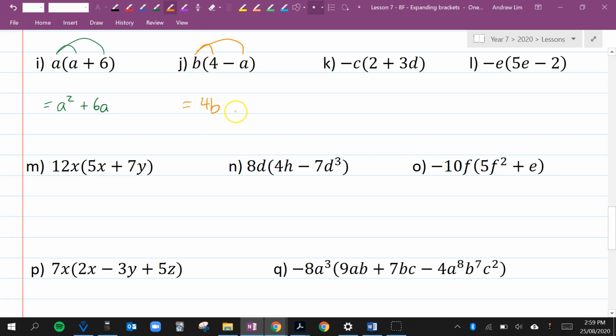B times minus a is minus ab. Negative c times 2 is negative 2c. Negative c times positive 3d. Negative times positive gives us a negative answer. So we got negative 3cd.